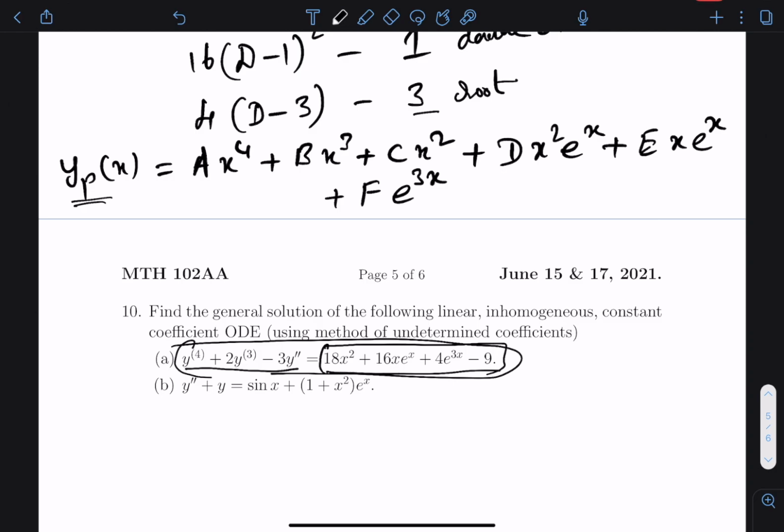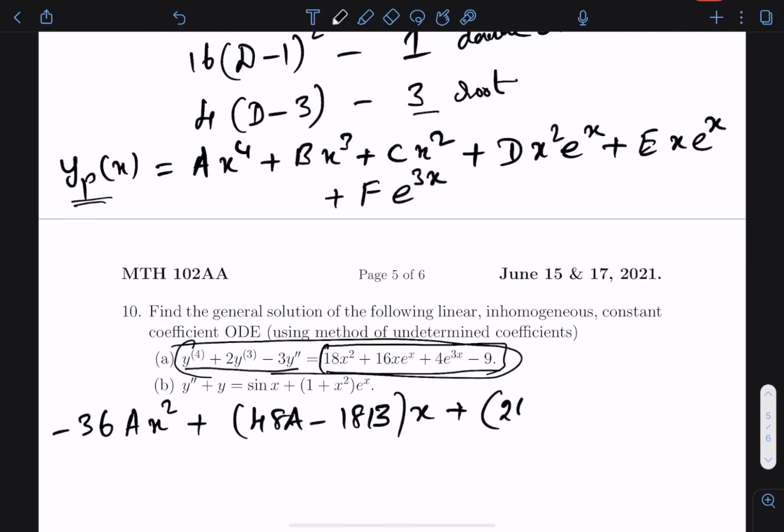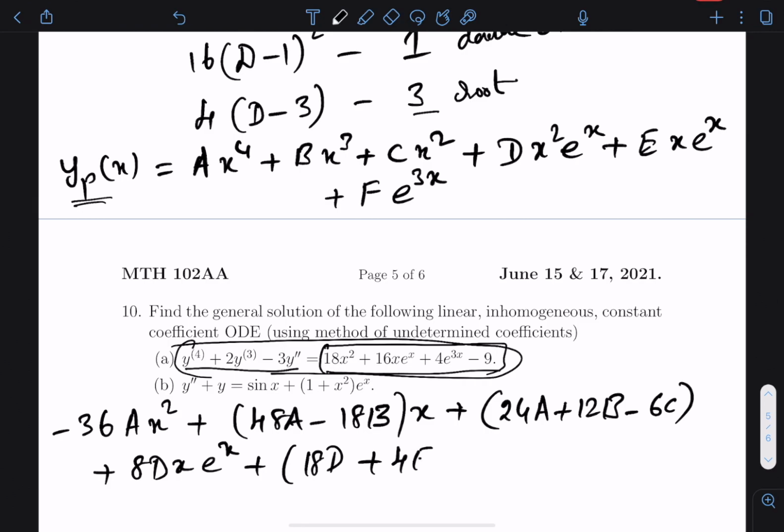If you differentiate as many times as you require, you will get 36 a x square plus 48a plus 18b x plus 24a plus 12b minus 6c plus 8d x e power x plus 18d plus 4e e power x plus 108 f e power 3x.